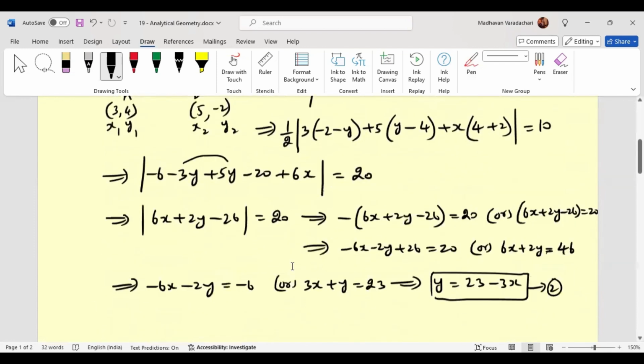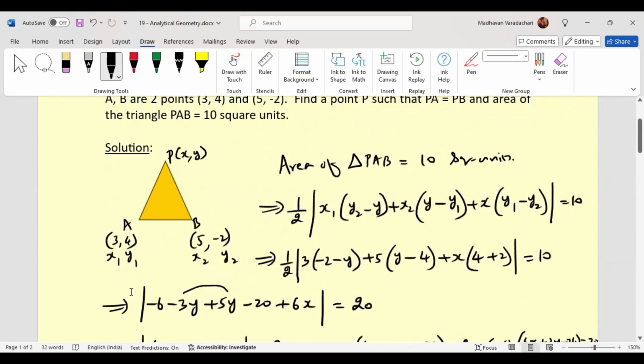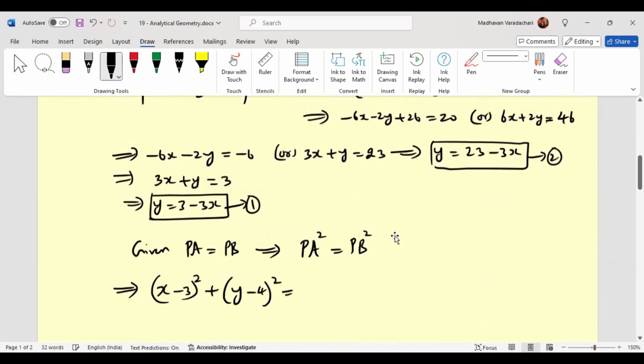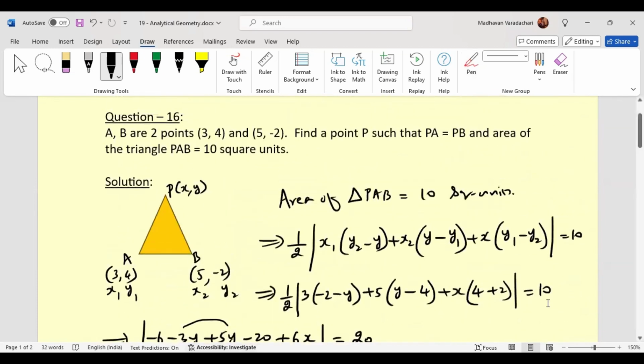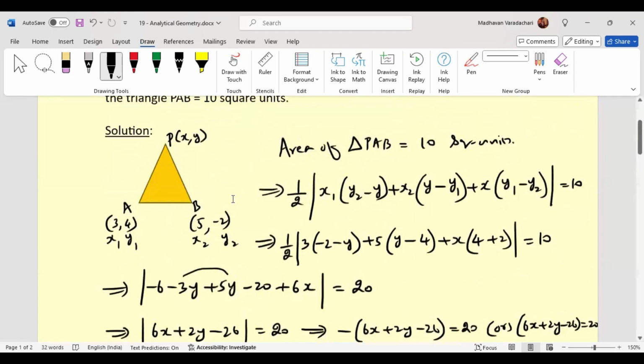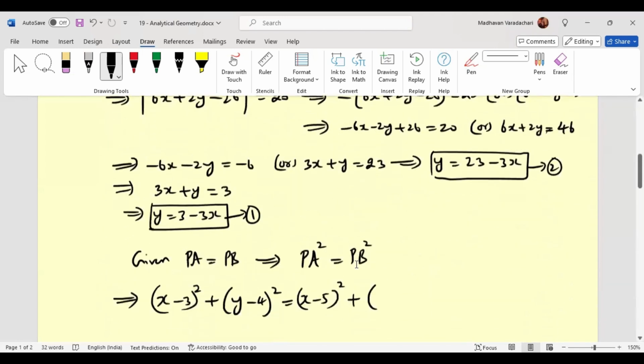X minus 3 the whole square plus y minus 4 the whole square should be equal to PB the square. That is x minus 5 the whole square plus y plus 2 the whole square.